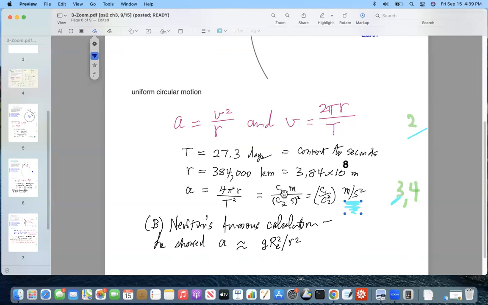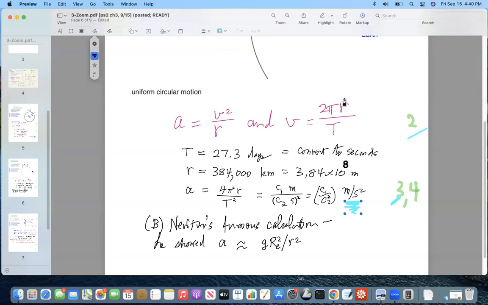And the number will be 27.3 times the number of seconds in a day, that's C1, divided by 3.84 times 10 to the 8th.